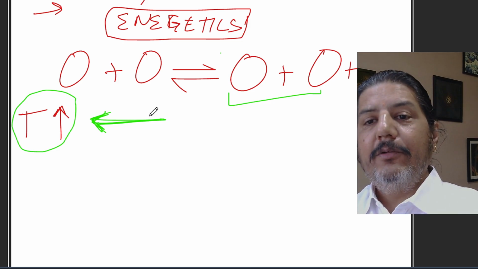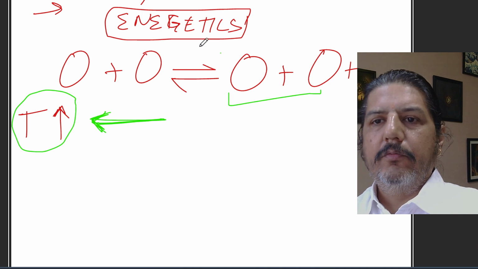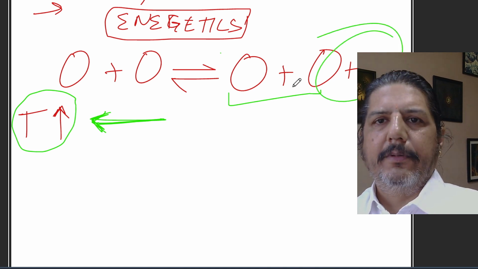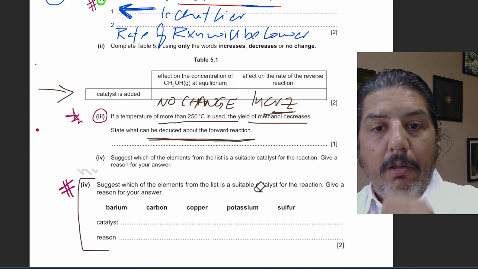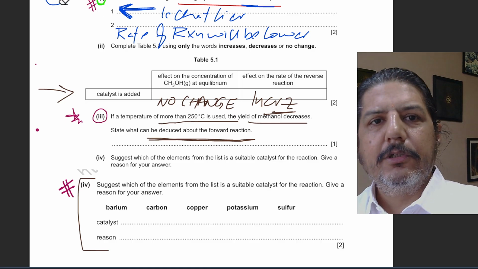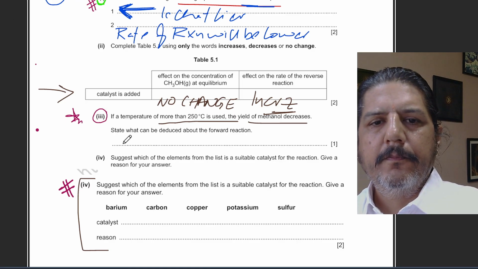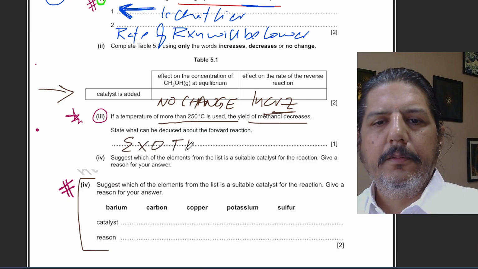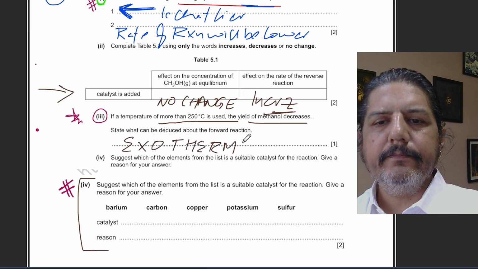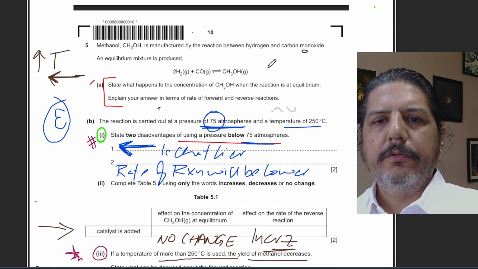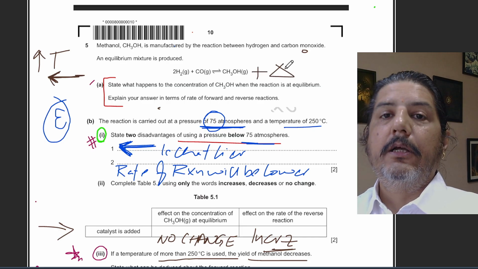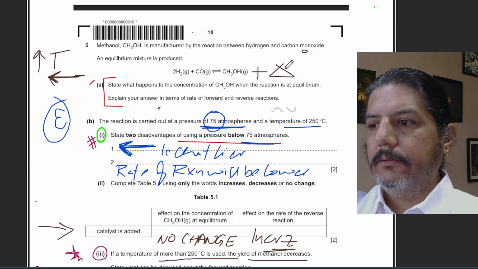And that is why you can deduce that the forward reaction would be exothermic. So state what can be deduced about the forward reaction: the forward reaction is exothermic.